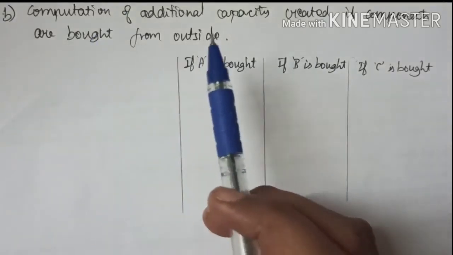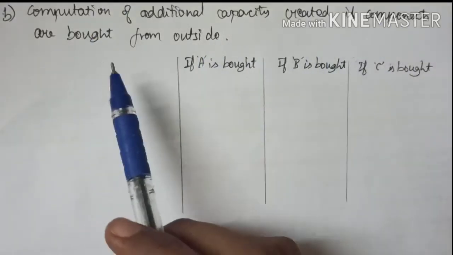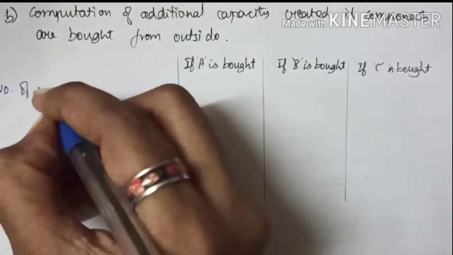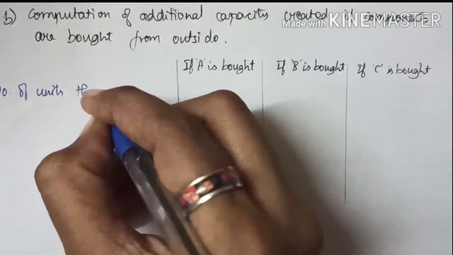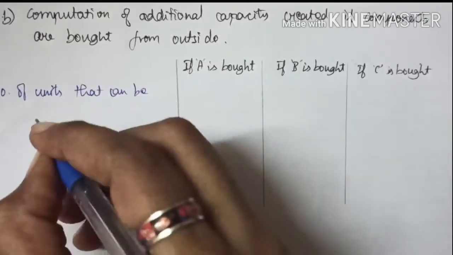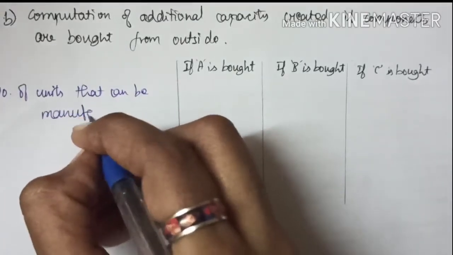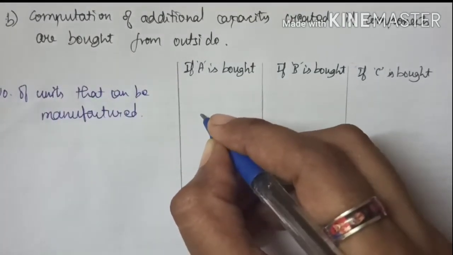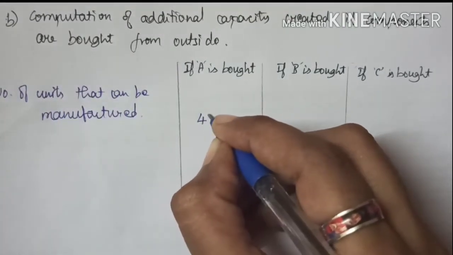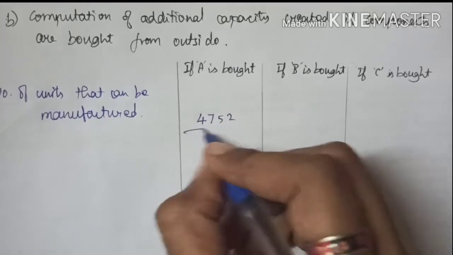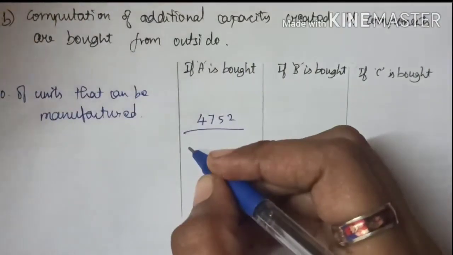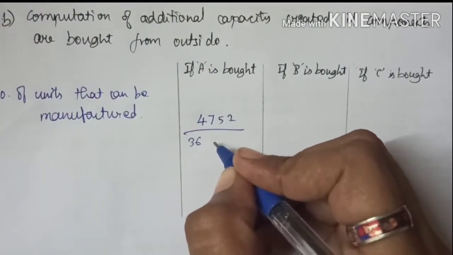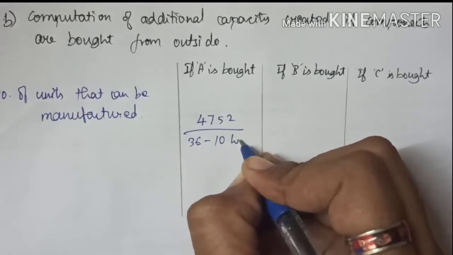Second one is computation of additional capacity created if components are bought from outside. First we need the number of units that can be manufactured. For this, the total machine hours is 4,752 divided by the per unit machine hour, 36 minus component A's hours, that is 10 hours.